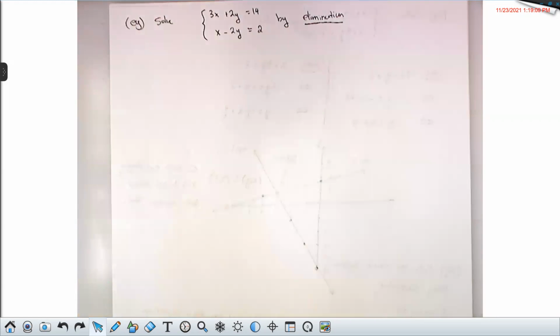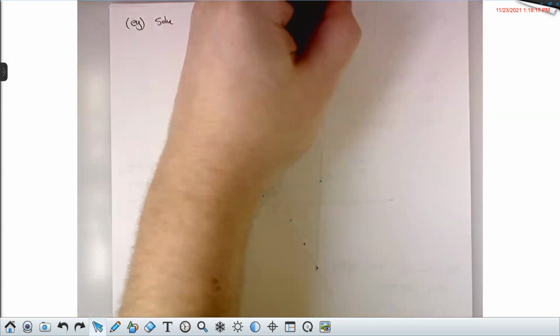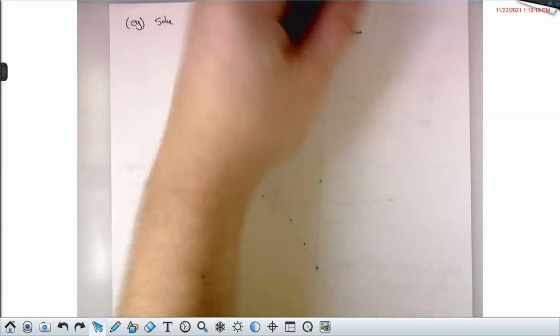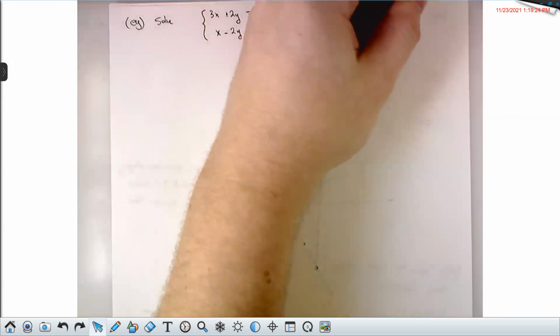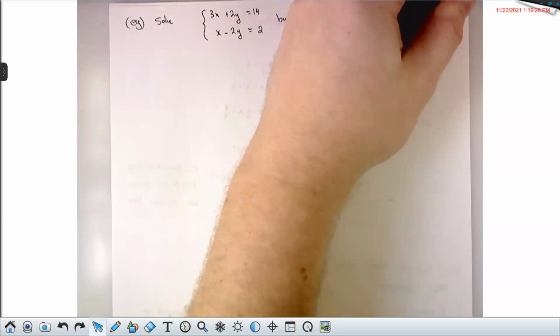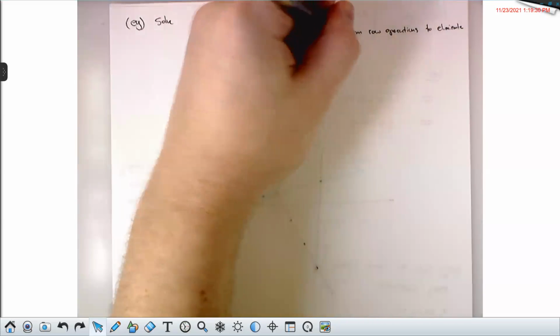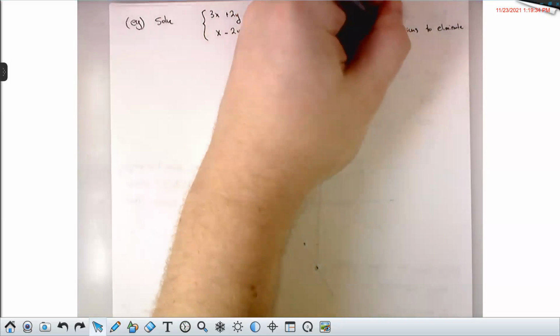And of course, to do that, I need to describe to you what it means to eliminate. So this is where you, like I said, perform row operations to eliminate, or get rid of, a variable.